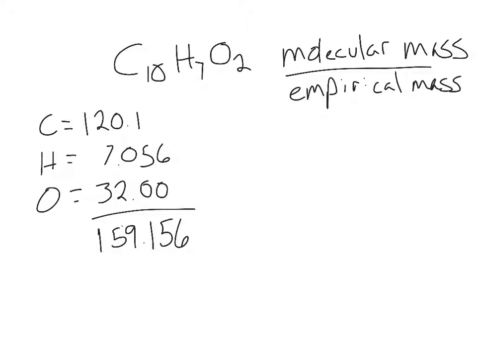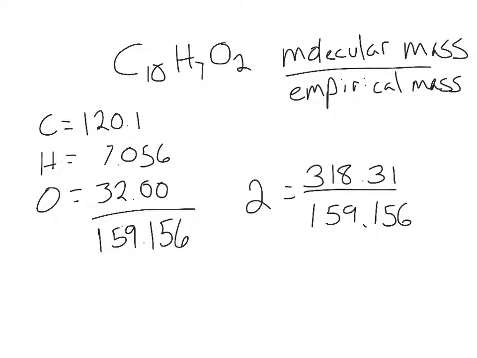So that's going to go on the bottom to find my multiple. 159.156, and then 318.31. Okay, so I plug that into my calculator and I end up with 2. So my multiple is 2, and I'm going to multiply each one of these subscripts by 2.